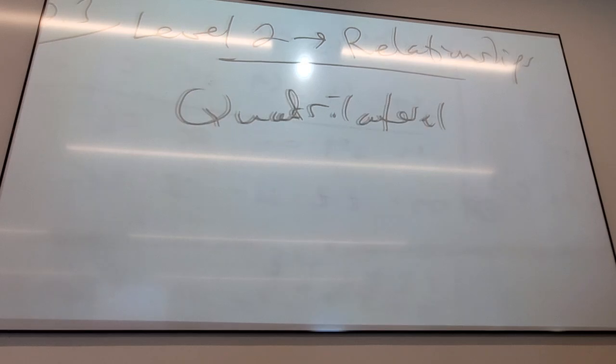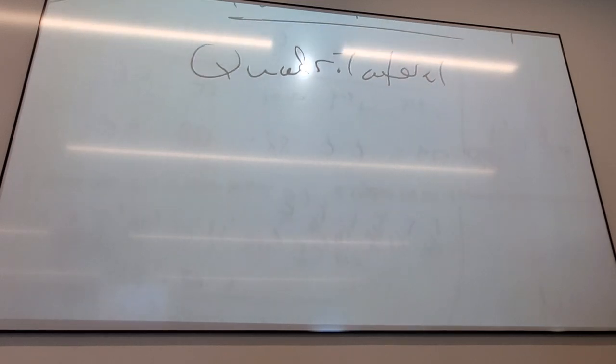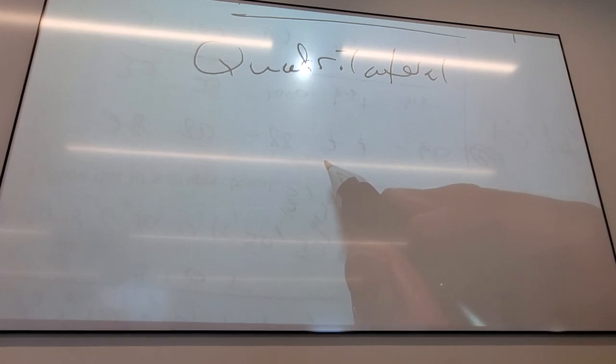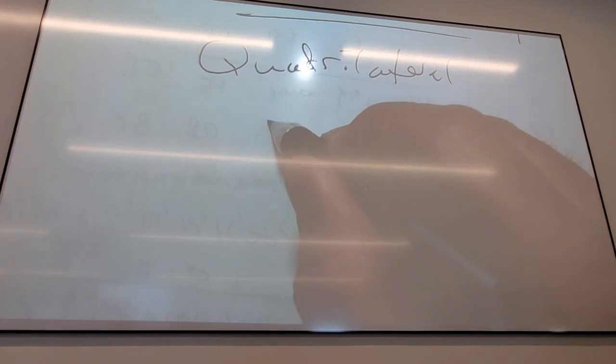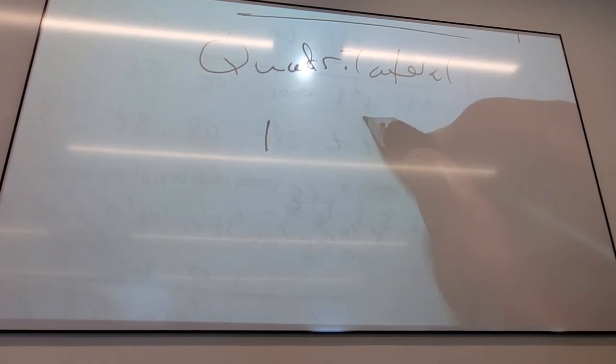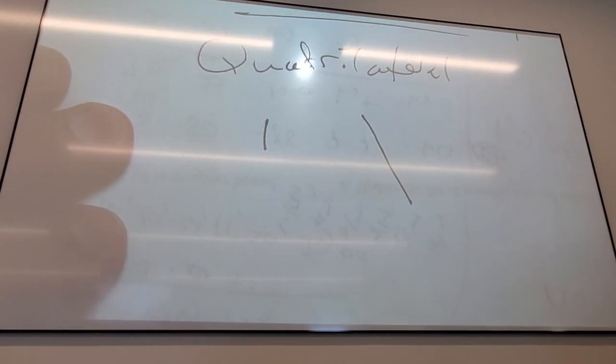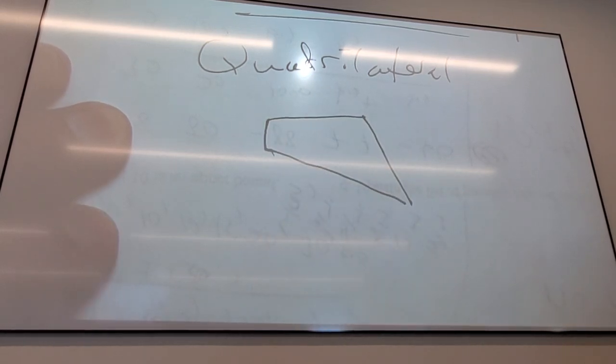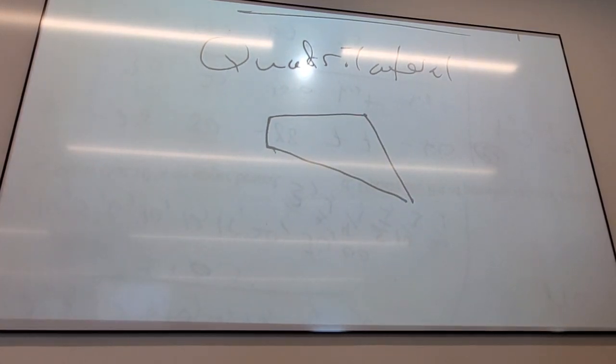This is the kind of thing I'm really curious how people do. So the way I'm thinking about doing it is I would start with 2 lines that are not parallel, and then I would connect them. So every side's a different length, and no sides are parallel.